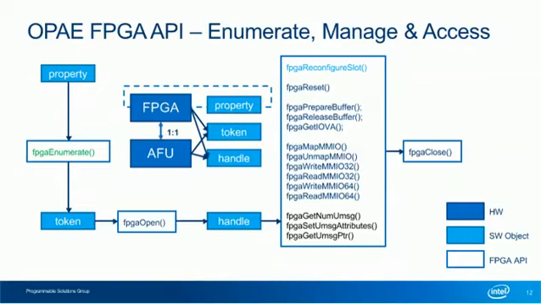Once the user is done with the AFU, FPGA close can be called to relinquish ownership of the FPGA resources. We will discuss details of each of these calls in a follow-on training, the RTL development training. Again, these APIs are only needed in a non-OpenCL environment. With OpenCL, the OpenCL host API library abstracts the OPAE calls.